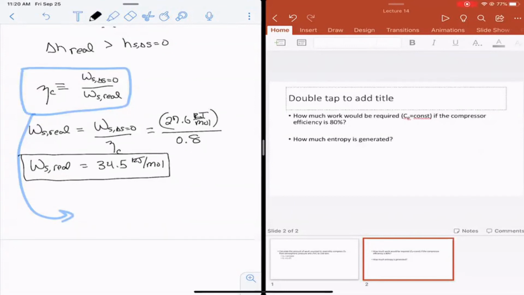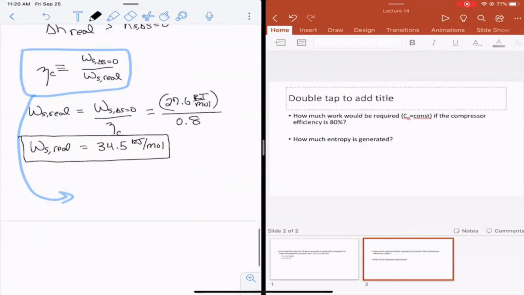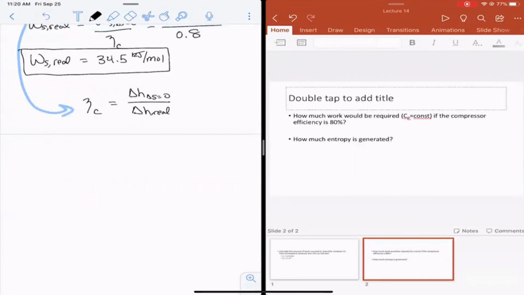Instead of the shaft work, we're going to consider delta H. I could just as easily say from the energy balance that the efficiency for the compressor is equal to delta H for the isentropic case divided by delta H in the real case, right?